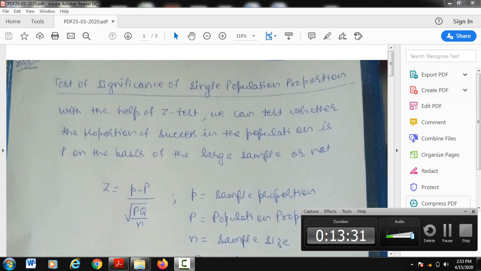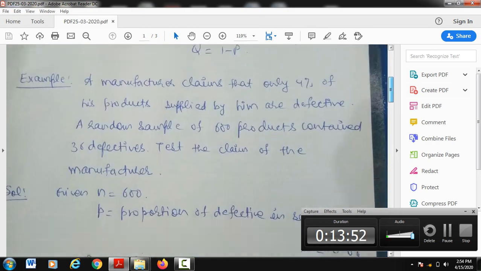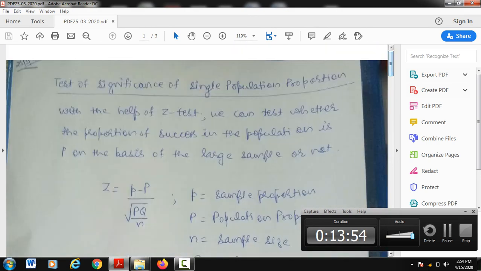Okay, so after that students, we will discuss in our next lecture the T test. Basically now we are going to discuss those samples which are small in size, less than 30. Even if its size is 29, then that will be considered as the small sample. So it has various applications: T test is there, F test is there, chi-square test is there, and we will see which application has been asked in the question.